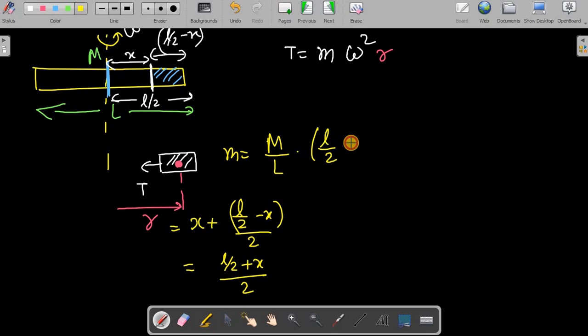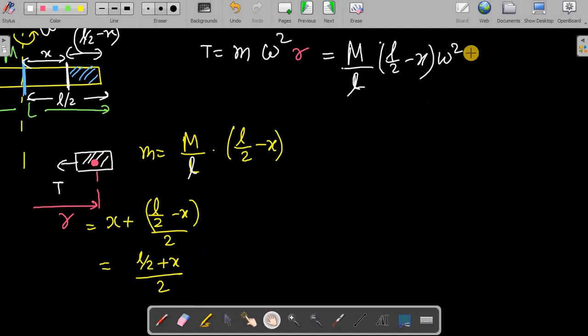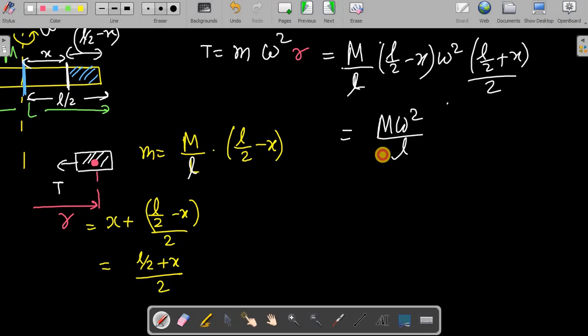This portion length is L by 2 minus x, total mass of this. Now let us substitute it here. Tension you can calculate: capital M by L, L meaning the total length only, right? Into L by 2 minus x. Omega square, this radius is L by 2 plus x by 2. So M omega square by L you write into 2.